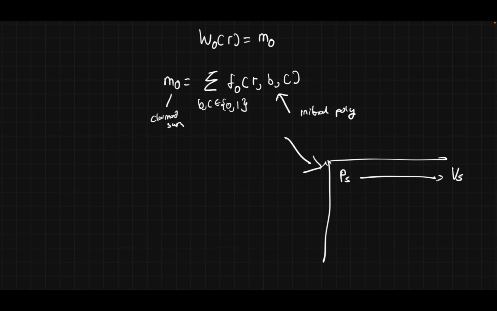The prover is going to send the claimed sum and F of B, because this is partially evaluated at R, so that one can technically disappear. So you just have F of B. Make sense?